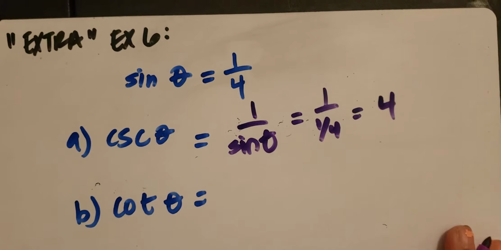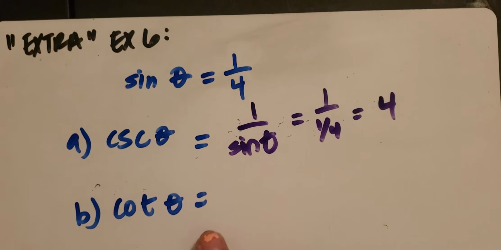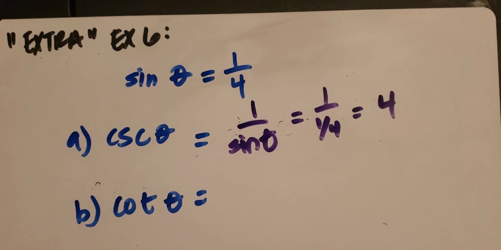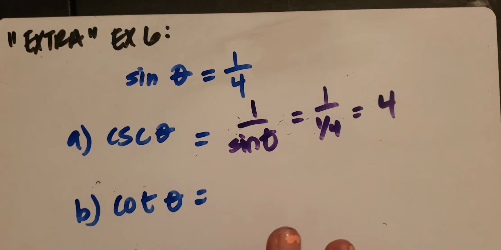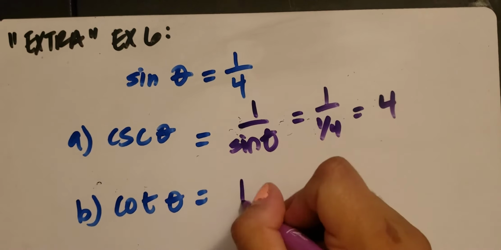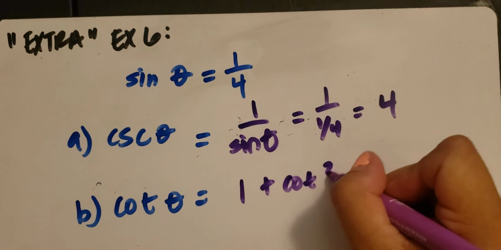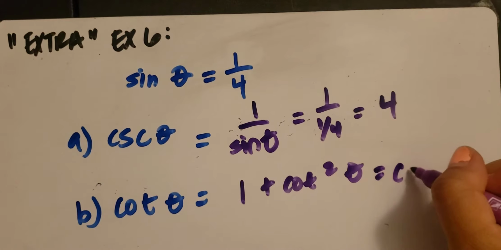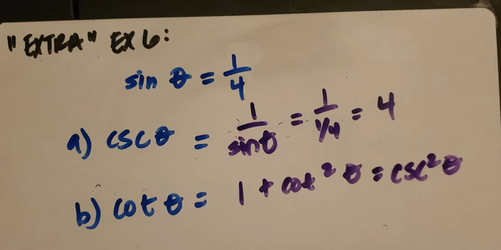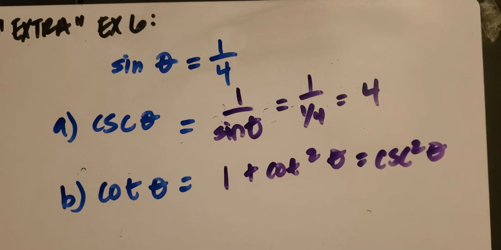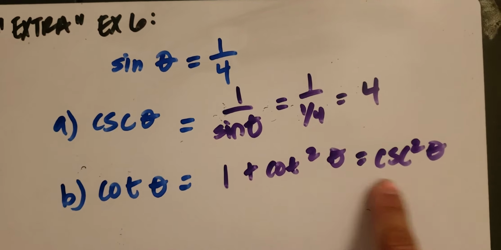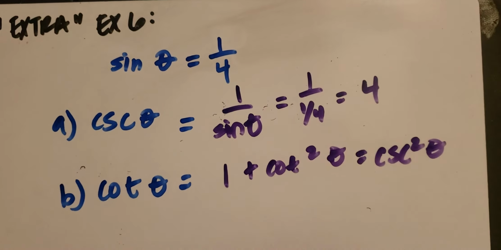Then for the second one, cotangent, I would use the Pythagorean identities: 1 plus cotangent squared theta equals cosecant squared theta. That's because I found what cosecant is, and I'm looking for cotangent, so I have everything that I need.